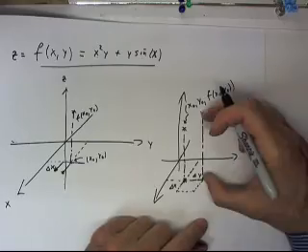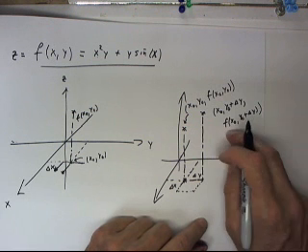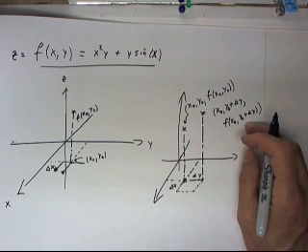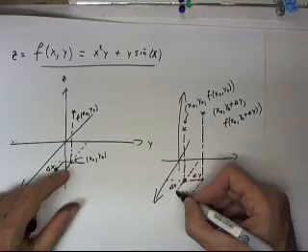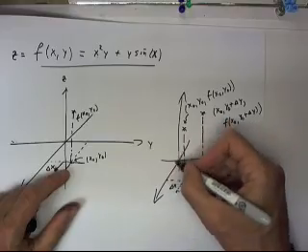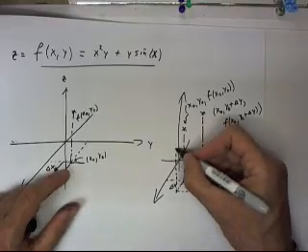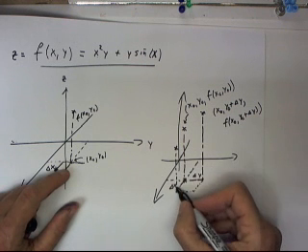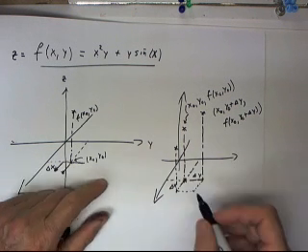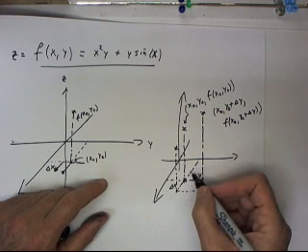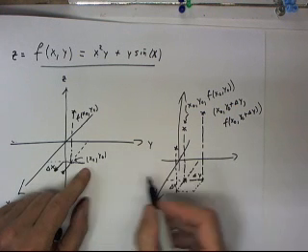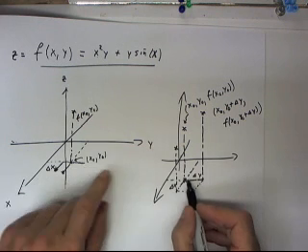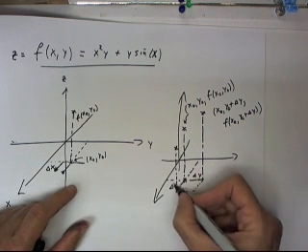The length of this vertical line is f of x naught, y naught plus delta y. We're also going to have a point above this point here, so let's say that we come up to here. What are the coordinates of this point going to be? If this point is x naught, y naught, I haven't labeled it here just because the labeling is going to get in my way.